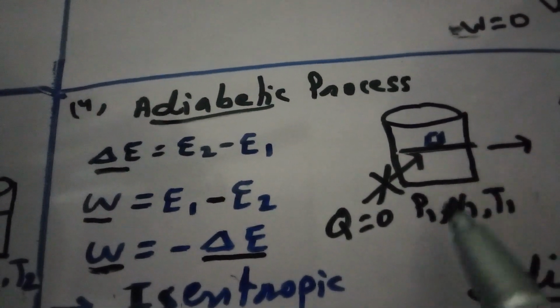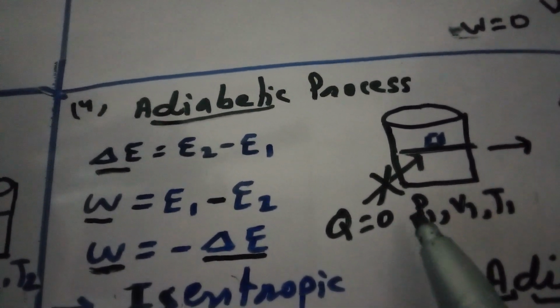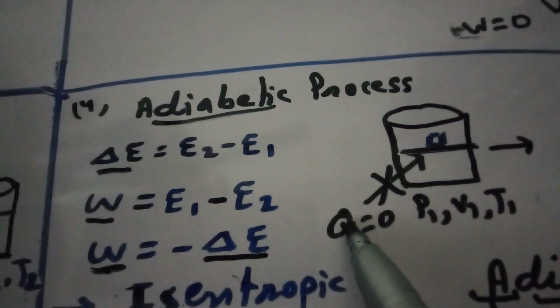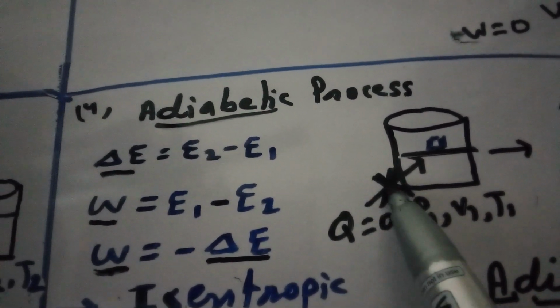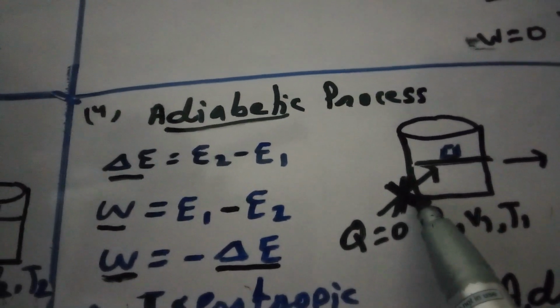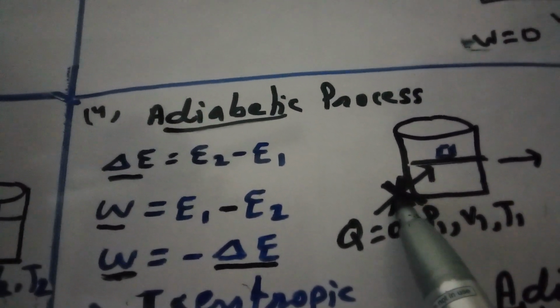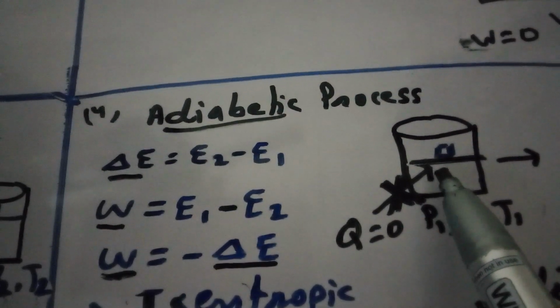In the adiabatic process, heat cannot enter from outside; no heat is entering the system.